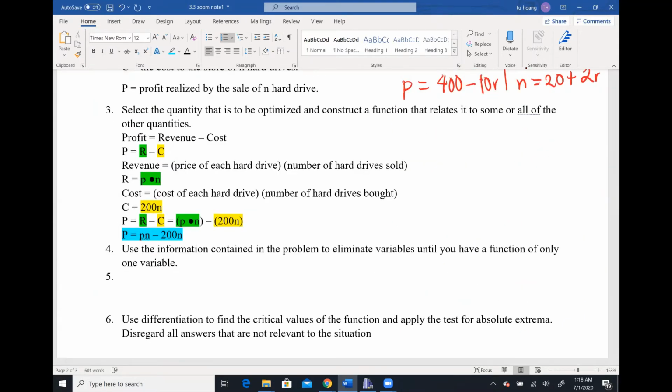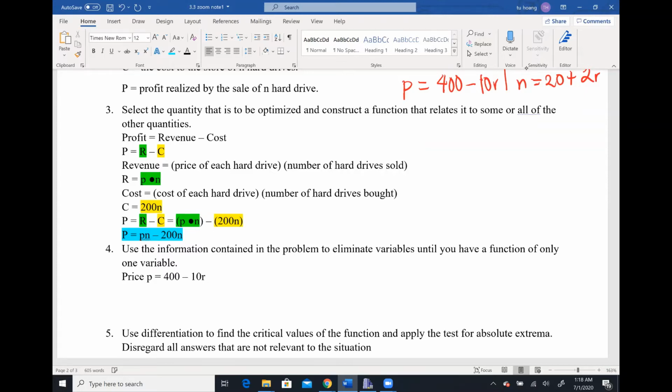The price P equals 400 minus 10R, and the number of hard drives, which is N, equals 20 plus 2R.